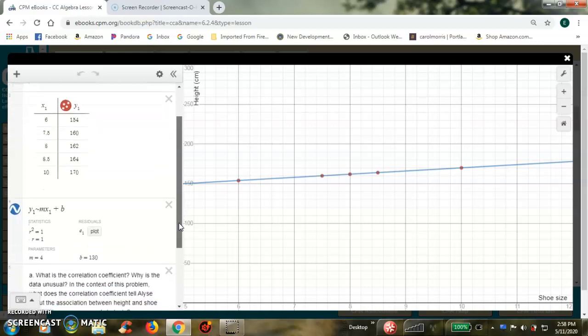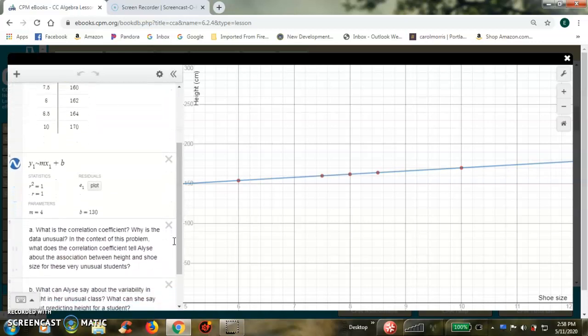Okay, so you can see they've already put in the formula for the regression line. The correlation coefficient is 1, which means that R squared is 1, which means that in this case, 100% of the variability in height can be explained by a linear relationship with shoe size, meaning all of it is related to shoe size.